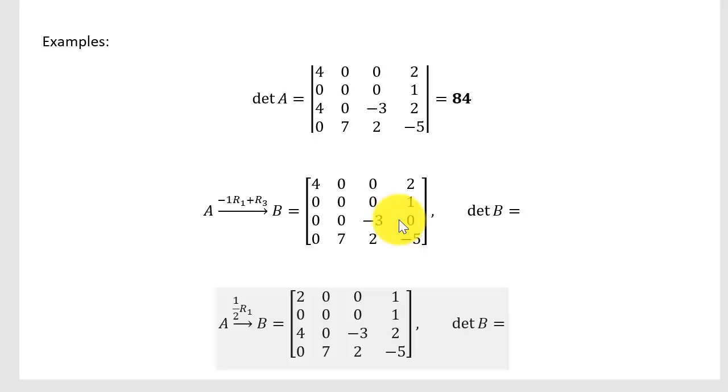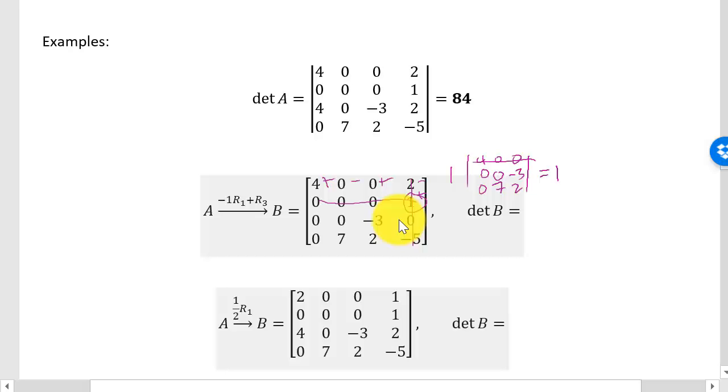We can expand on the second row. We get a plus, minus, plus, minus, plus. So this is going to be a positive 1 times the resulting matrix left. That's 4, 0, 0, 0, 0, -3, 0, 7, 2. And here we can expand on anything we want. Let's expand on the first row.